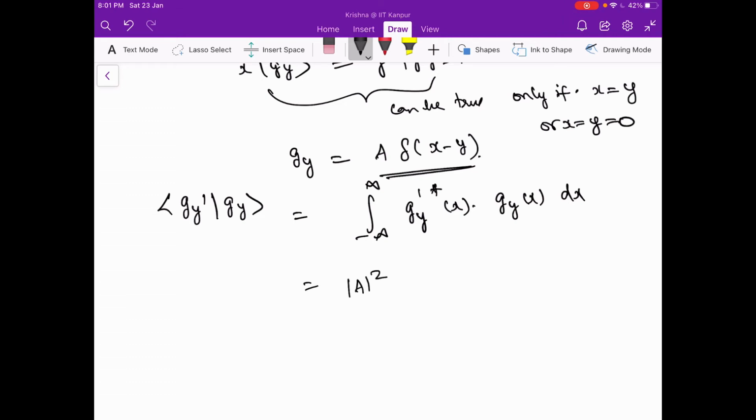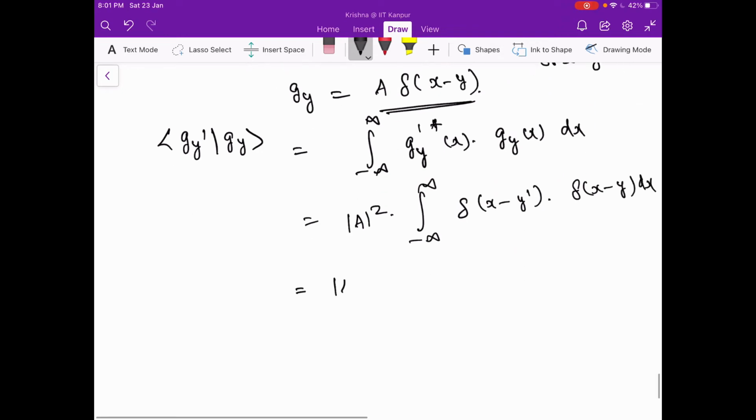So a square times the integral from minus infinity to infinity of delta star of x minus y dash into delta of x minus y dx, which will turn out to be a double delta.